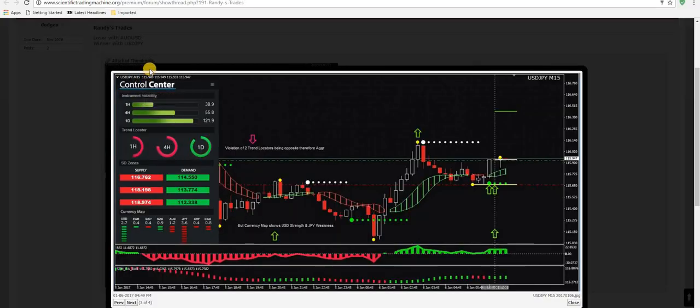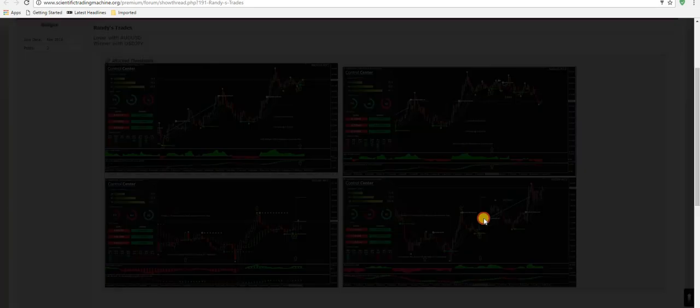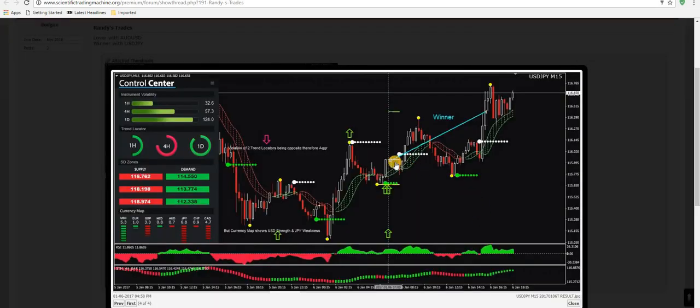USD Japanese yen 15-minute. All right. Violation of two trend locators being opposite, therefore aggressive. Okay, so this is an aggressive trade setup. Let's see what happened here. All right, winning trade. Got in here, got out here.